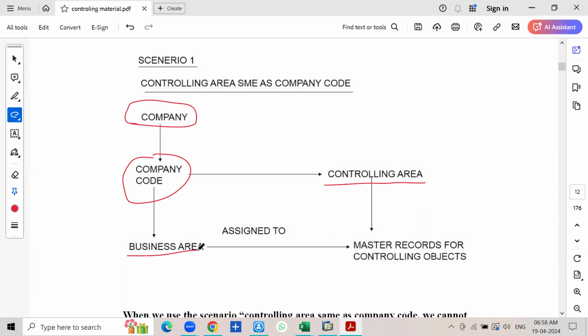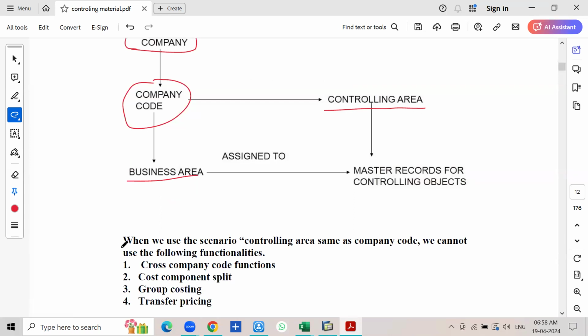So that's how, when we assign the business area in the controlling object master records, the FI organization units and controlling organization units are linked with each other. When we use the scenario controlling area same as company code, we cannot use the following functionalities.